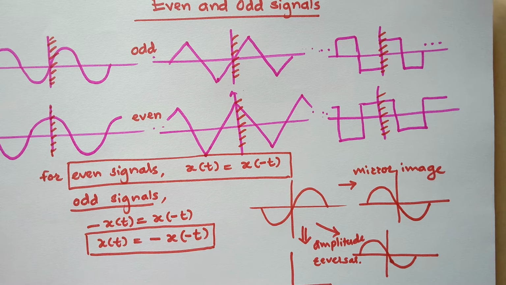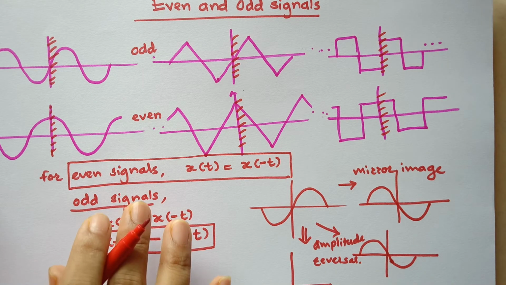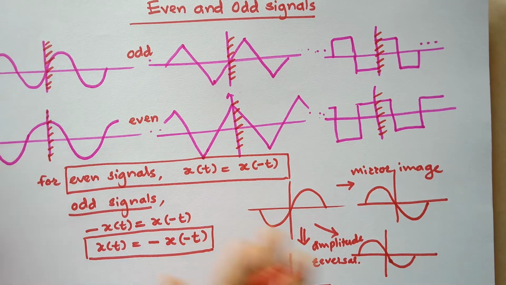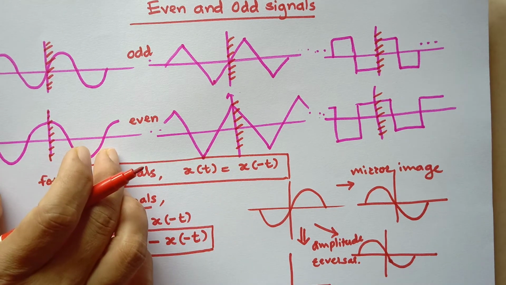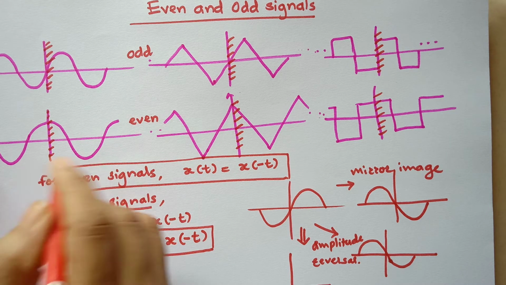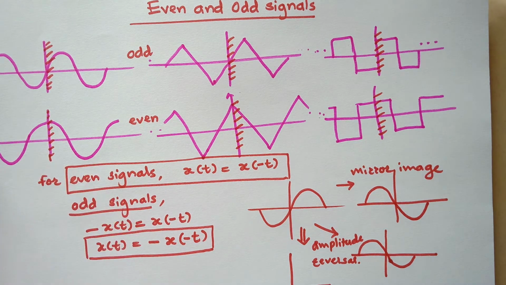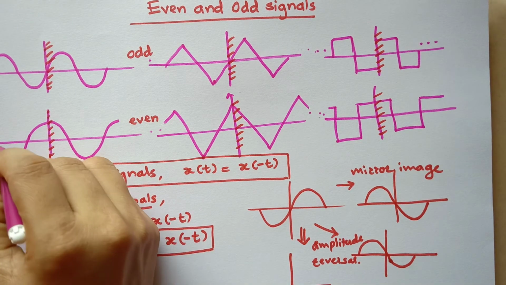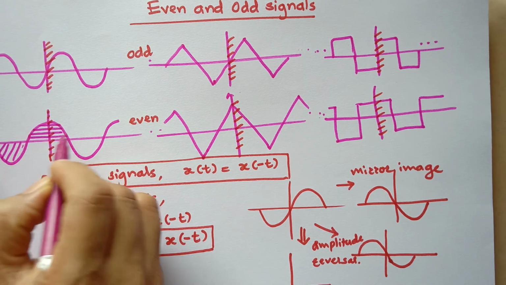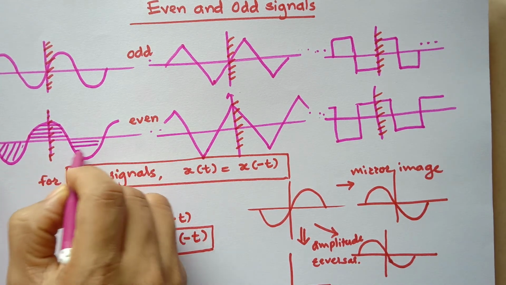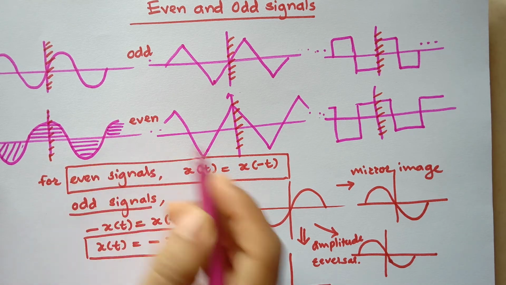Now one more thing to observe in the case of odd and even signals. If you sum or integrate the signal, find the area for this even signal, you can observe that these semicircles have the same area. So this area is equal to this area, this area is equal to this area.